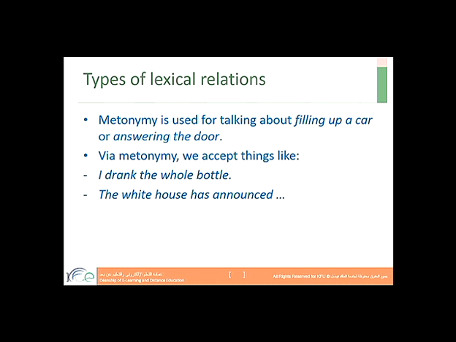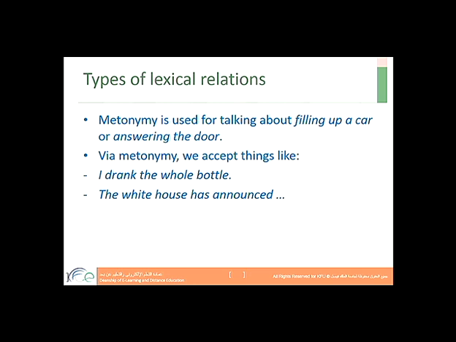Through this type of lexical relationship, we started accepting things like, I drank the whole bottle. In fact, this sentence refers to the liquid, or what is inside the bottle, rather than the bottle itself. So the meaning is already implied. Same thing with, the White House has announced.